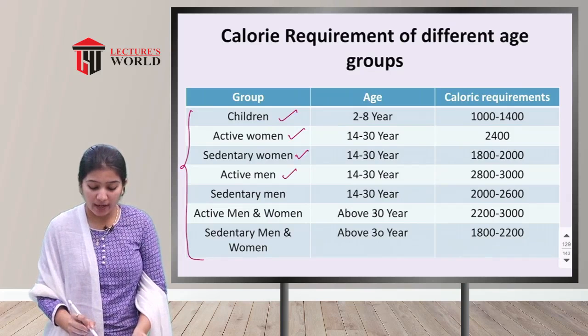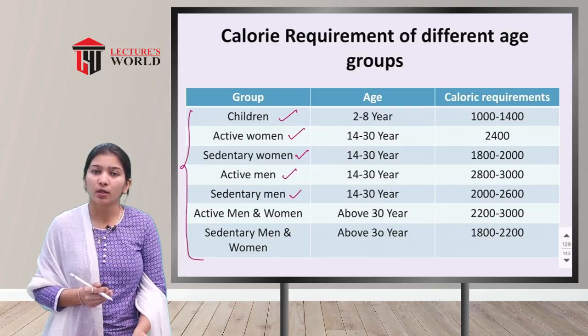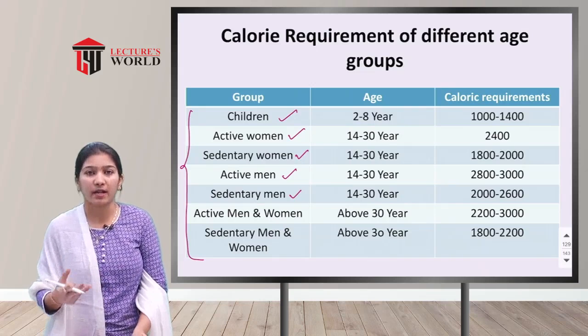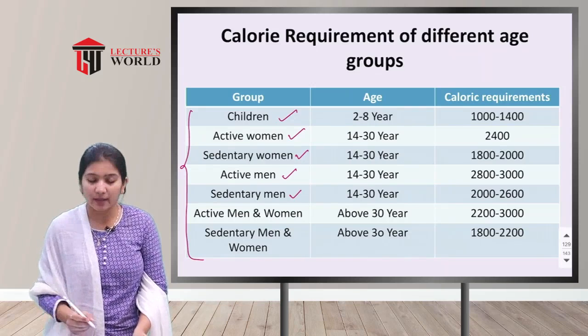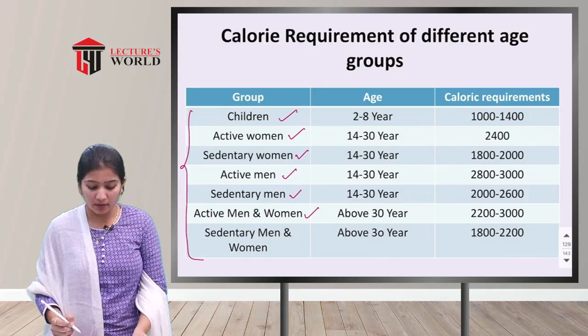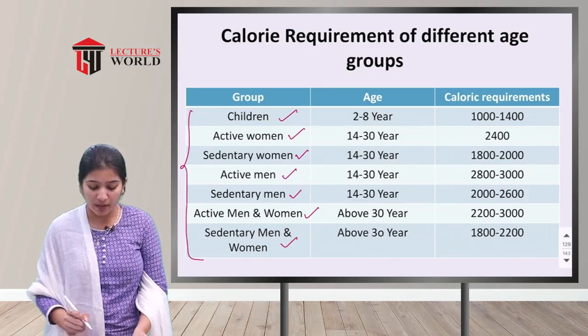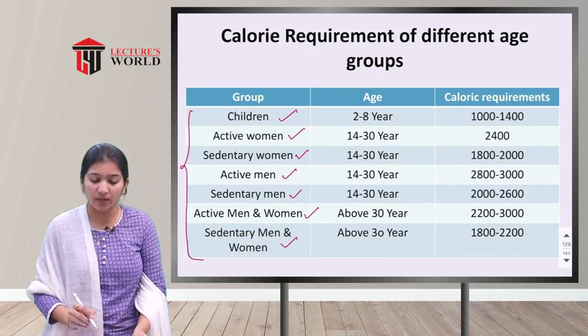Men are also classified into 2 types, those living an active lifestyle and those who are sedentary. Next is active men and women, and last is sedentary men and women. So this is the group of people, or the different age groups.